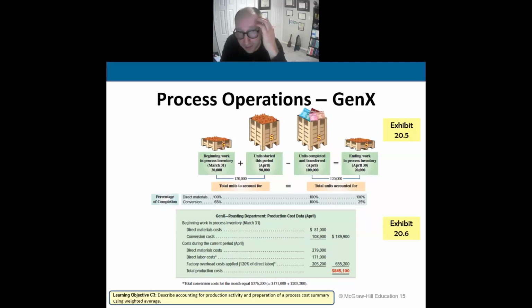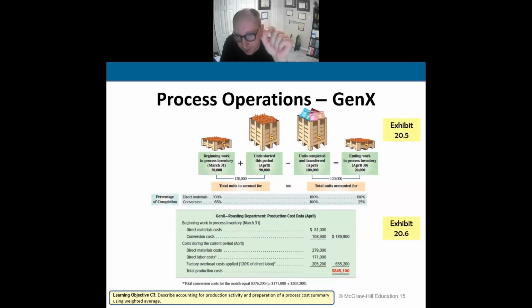Now, here's how it works. We take the beginning balance work in process inventory, plus the units we started the current accounting period with. That's the first thing we do. In this example, 120,000: I started March 31 with 30,000, and then during the month of April, I started another 90,000.